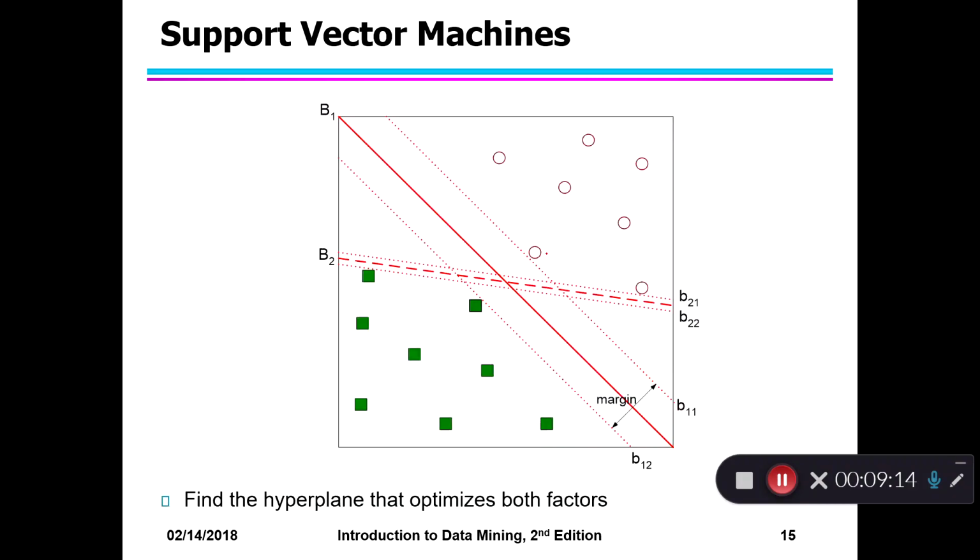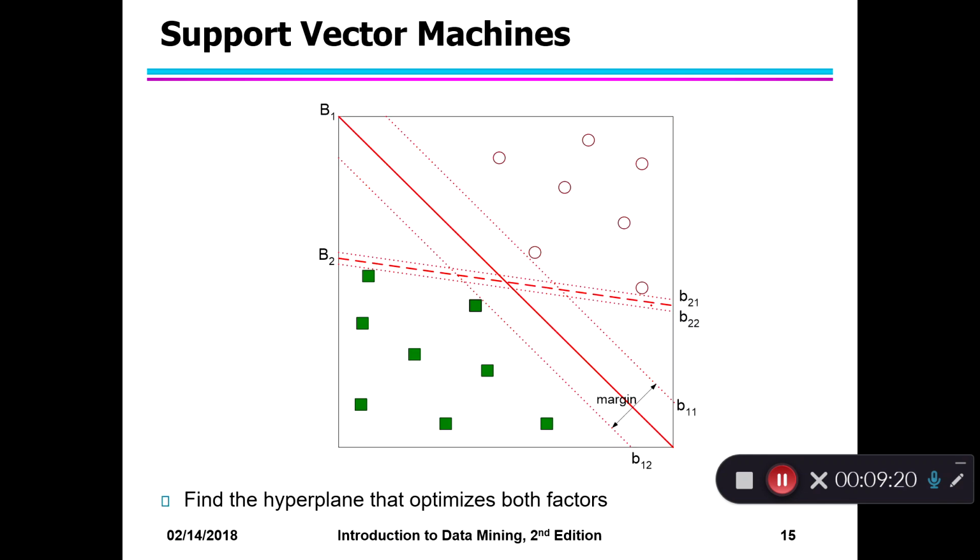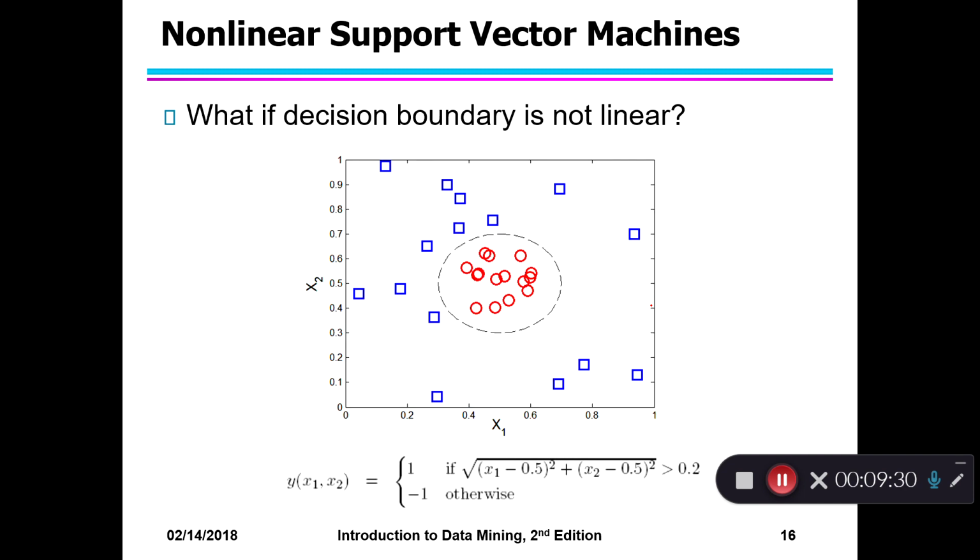So these are the slack variables. We can find the optimized hyperplane by using these slack variables in the hyperplane equation.